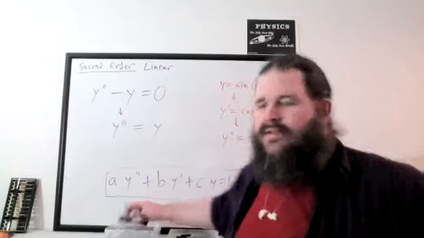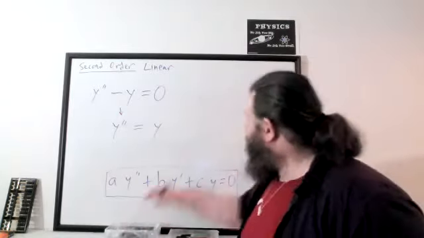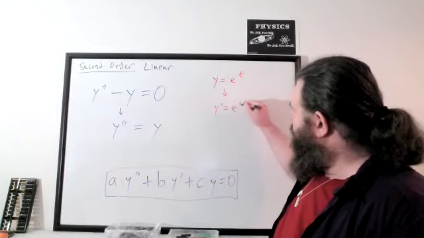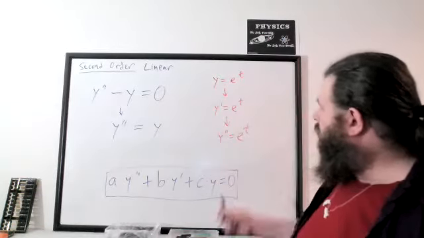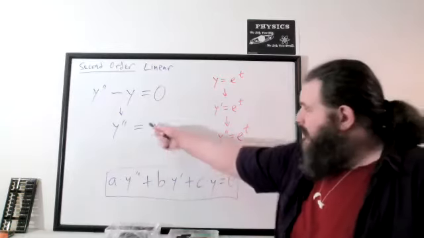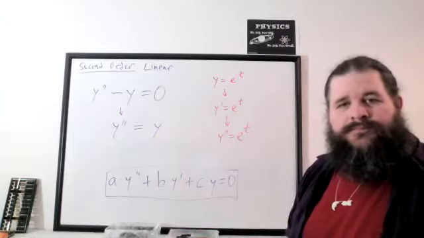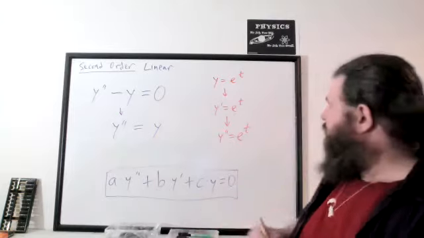But yeah, let's try e to the t and e to the negative t. If we try y equals e to the t, then the first derivative is e to the t, the second derivative, all the derivatives are just going to be still e to the t. So since the function and the second derivative are the same, that makes this differential equation true. But let's try the e to the negative t as well.